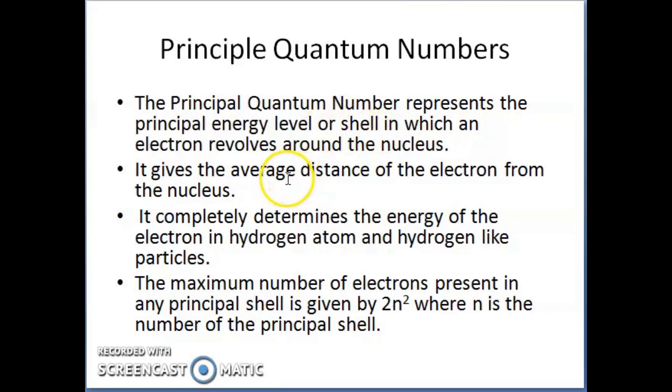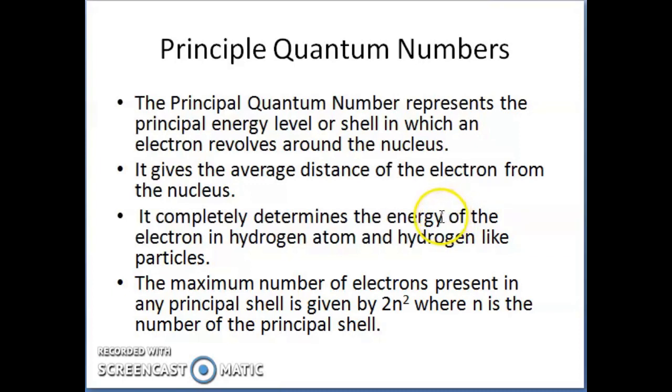It gives us information regarding the average distance of the electron from the nucleus. It also helps us determine the energy of an electron in a hydrogen atom or any other hydrogen-like particle.